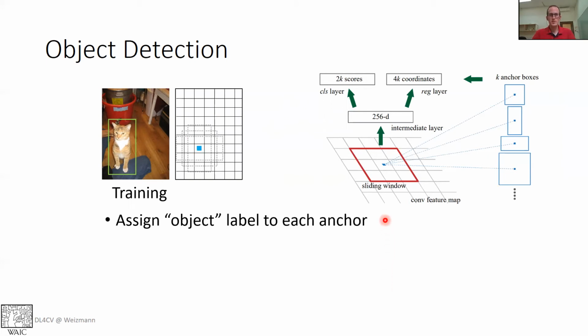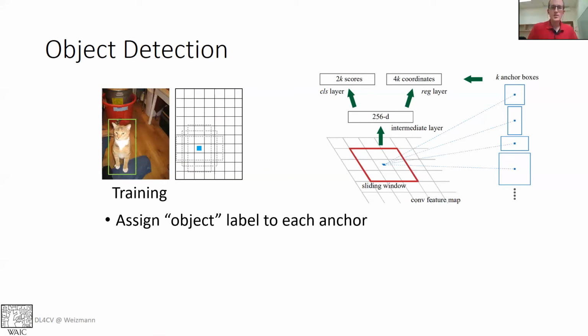So this circles back to the question you asked, I don't remember who, at the beginning, where the background comes from. So we need to assign an object label to each and every one of the anchors. As you can guess, there are many more anchors in the output of the RPN than there are objects in the image.